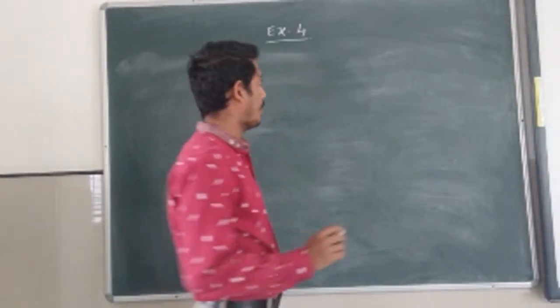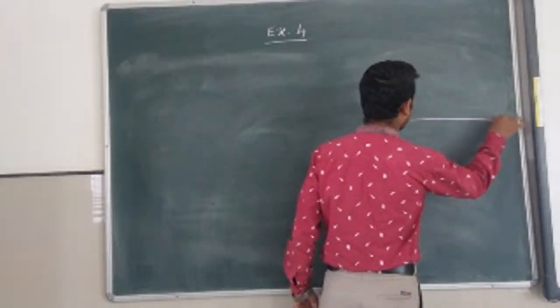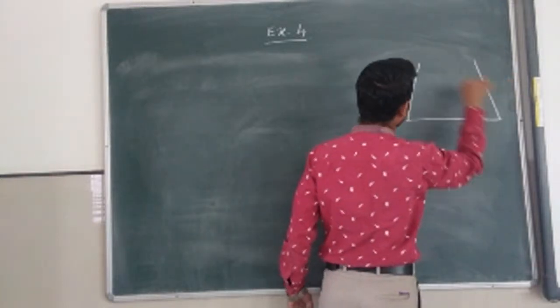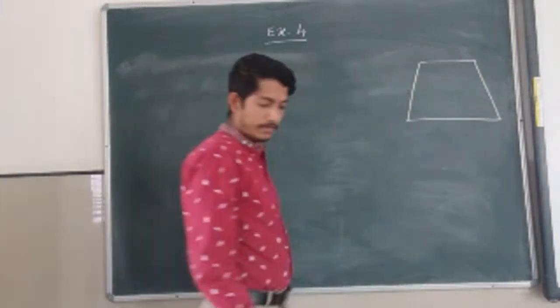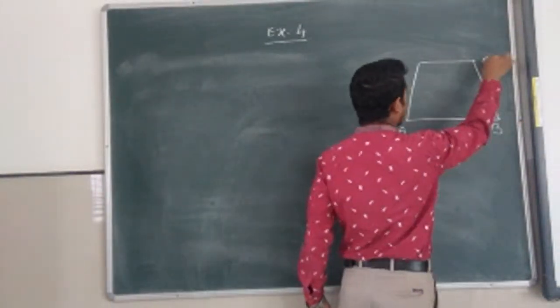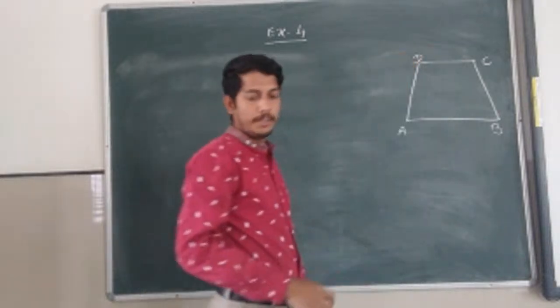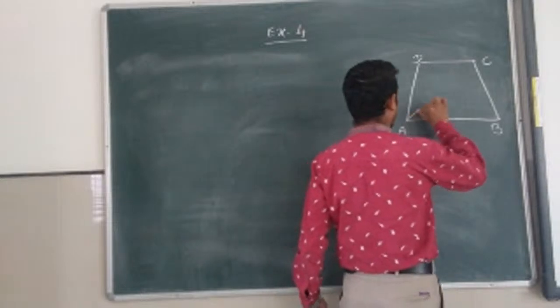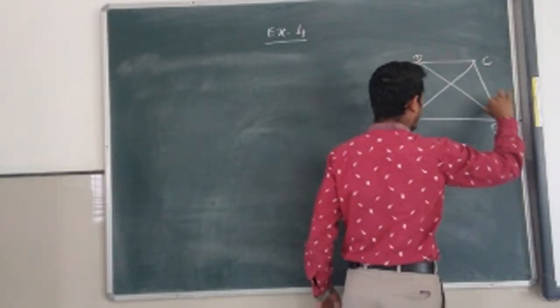I will draw one trapezium. I will name the endpoints as A, B, C and D, and I will draw the diagonals AC and BD.